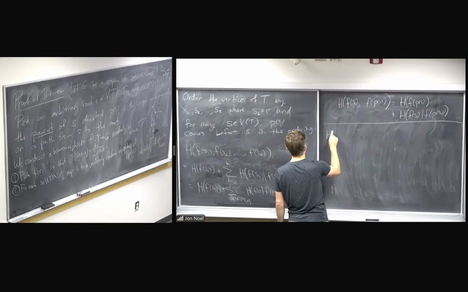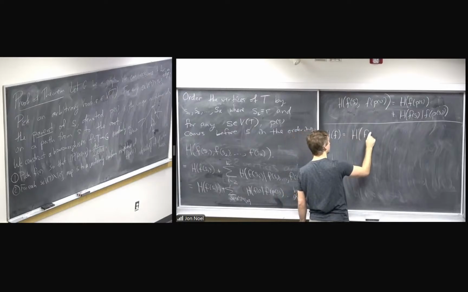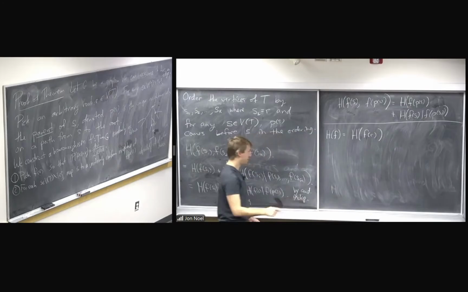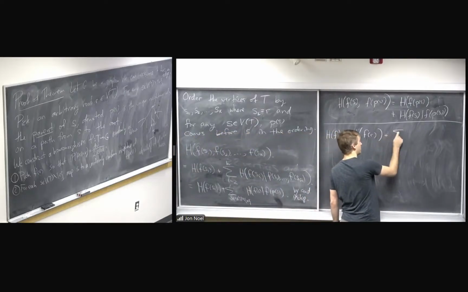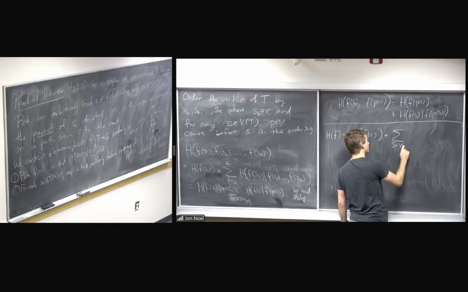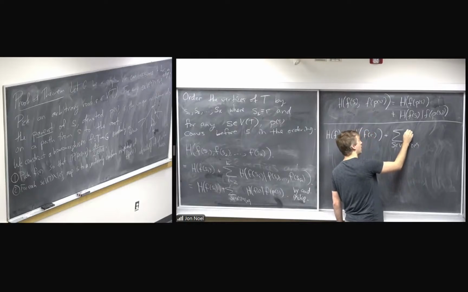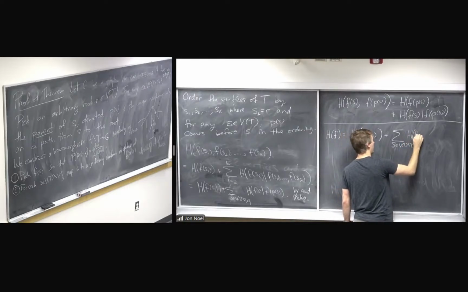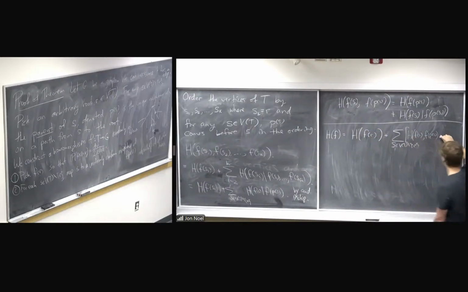So the entropy of f I can now rewrite as the entropy of the choice of the root. Remember S1 was the root. Plus the sum over all non-root vertices of the entropy of the pair f of s, f of the parent of s, minus the entropy of f of the parent of s.